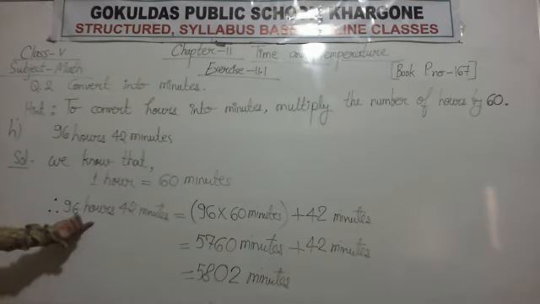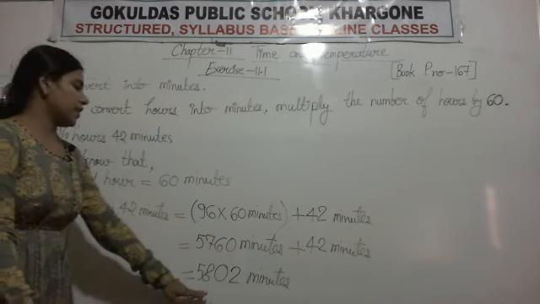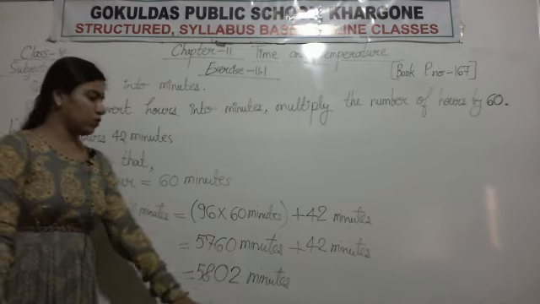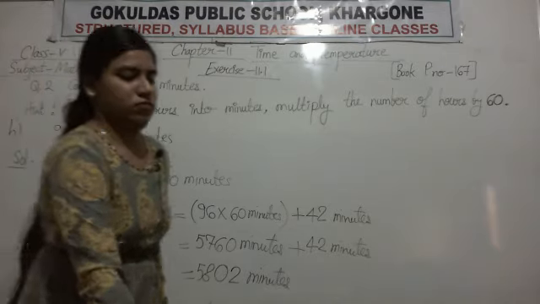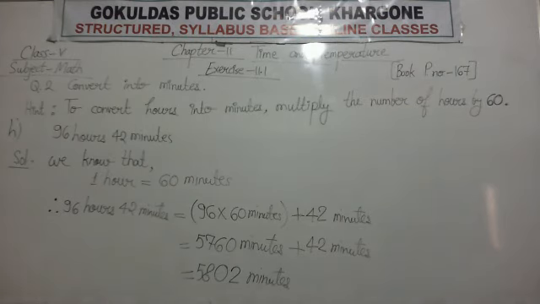So 96 hours 42 minutes means 5802 minutes. Take the screenshot of the question.